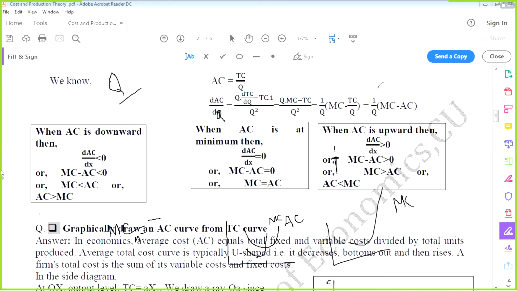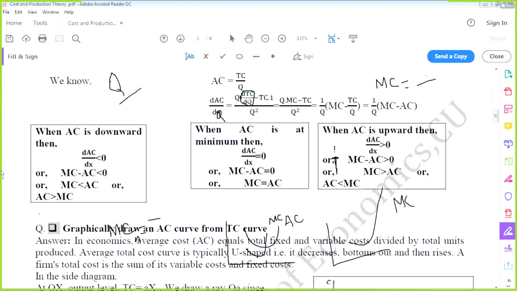I already have said marginal cost. Marginal cost is what? Change in total cost, isn't it? Yes, that is what I have written here, DTC by DQ. This is the change in total cost with respect to output Q. So this is marginal cost that I have written here.